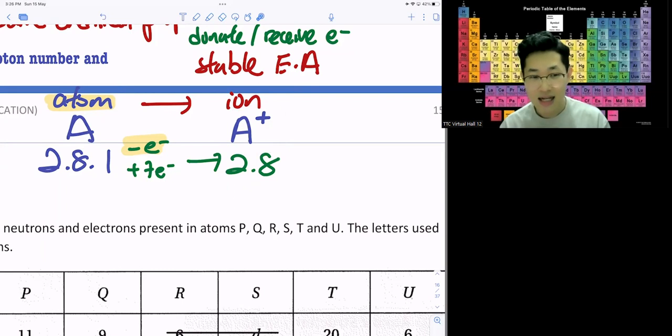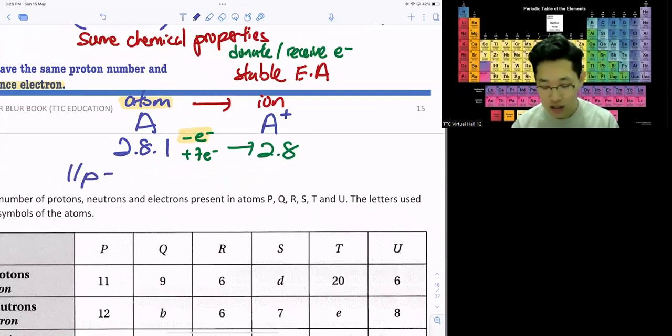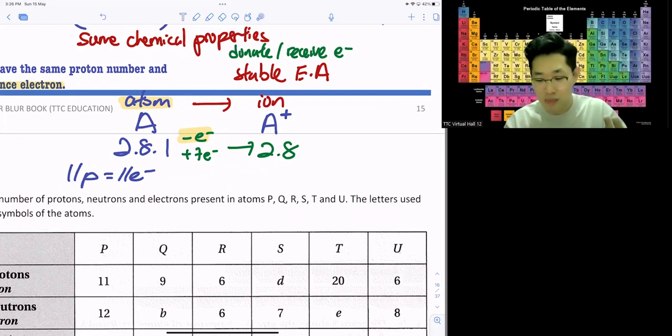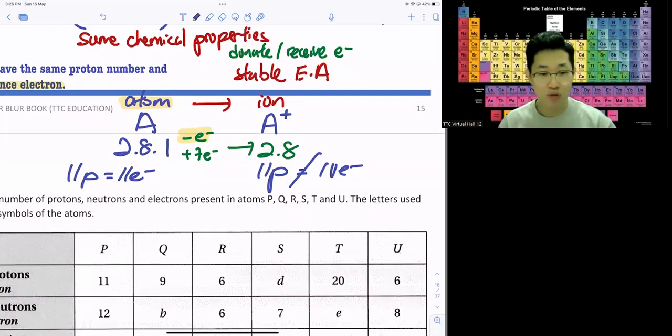Understand? Because 1 electron fewer, you see, in the first place, it has 11 proton, 11 electron. That's why no charge. Atom is neutral because they got the same number of proton and electron. After minus one electron off, they no longer become equal. It has more proton than the electron now. One more charge, positive.